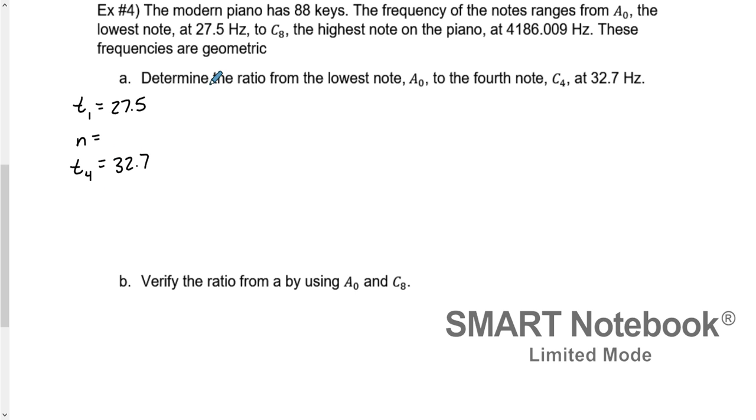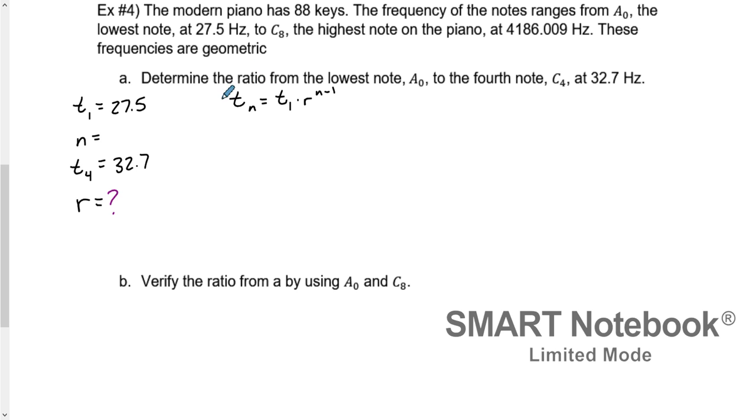So overall, in order to use our formula, Tn equals T1 multiplied by R to the power of n minus 1. The only thing we really don't know is what is R, what is our ratio? And that's exactly what the question is, determine the ratio.